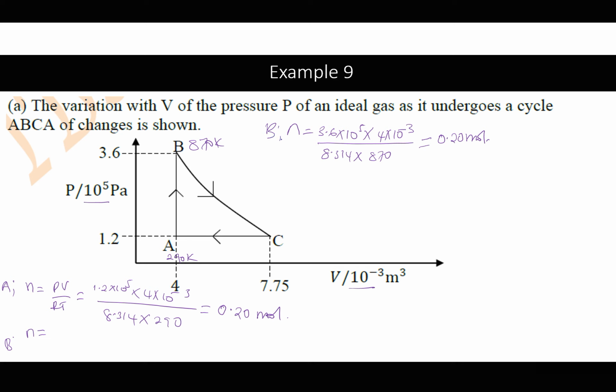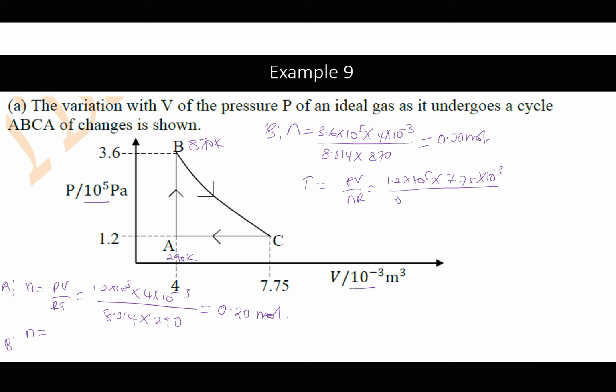Then calculate the temperature of the gas at C. Now that I know the number of moles, I want the temperature. I'll use the same formula, but this time the temperature will be equal to pressure times volume over number of moles times R. So at C the pressure is 1.2 times 10 power 5. The volume at C is 7.75 times 10 power negative 3.